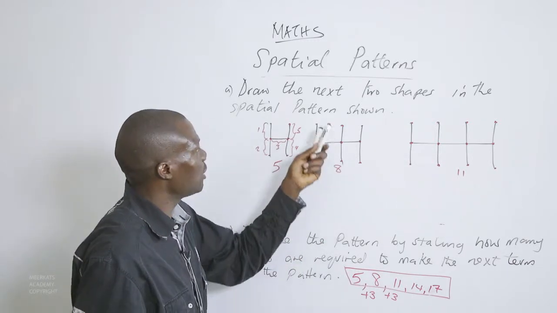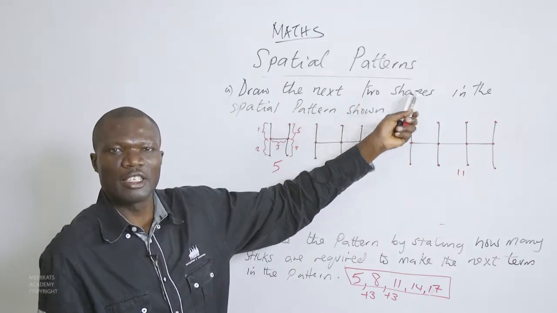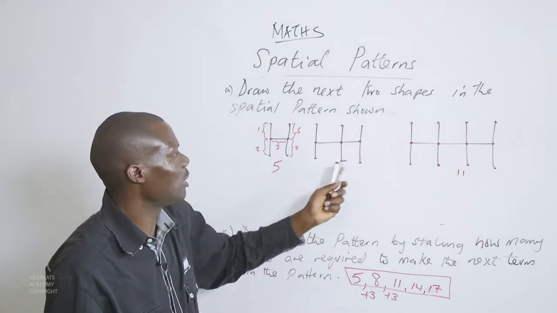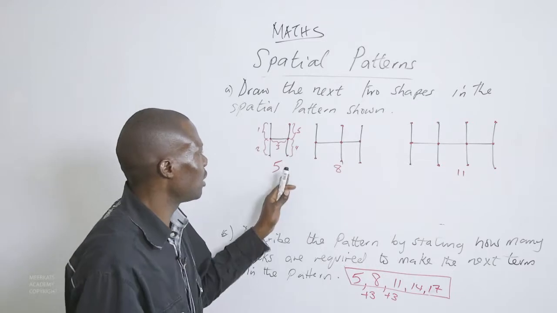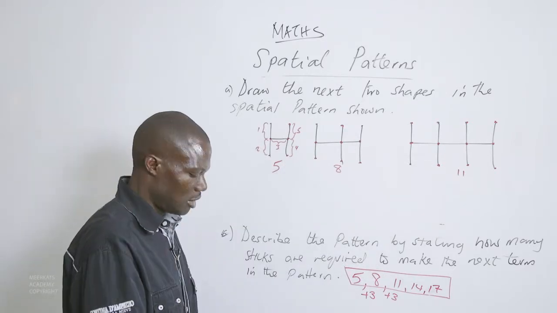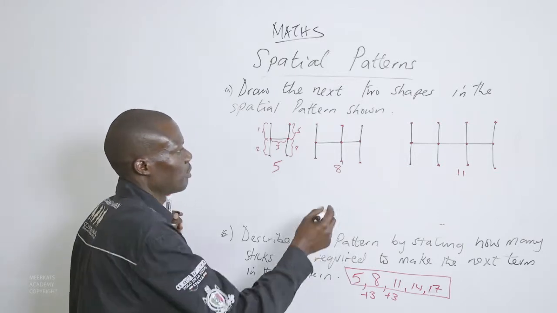Now, to answer this question, we needed the next 2 shapes, so that we can now see what we require. This is the first shape, this is the second shape, this is the third shape. We want to go for the next two shapes.